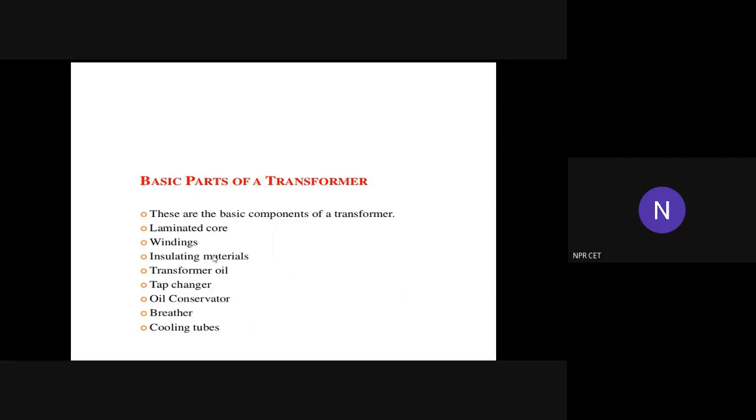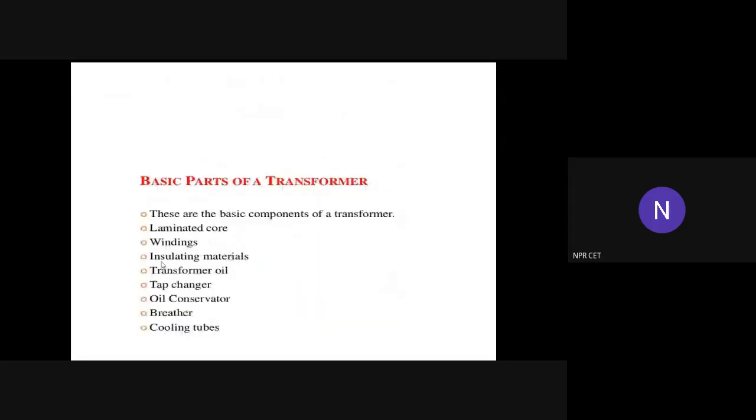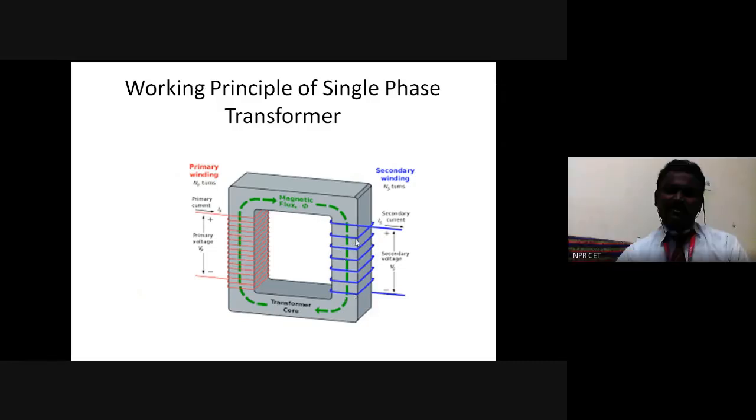Insulating materials are provided at the top side of the transformer tank, and then the transformer oil, which is kept inside the transformer tank. Tap changer: the tap changer is generally used for the secondary winding, for getting different operating voltages. For that purpose, they provide the tap changer.